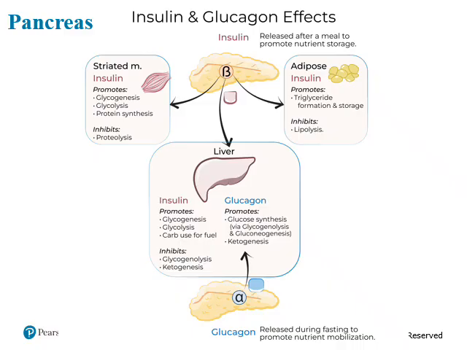All of the glucose is strung together. This is an anabolic reaction that produces more glycogen. It is also responsible for glycolysis. It inhibits glycogenolysis and ketogenesis.